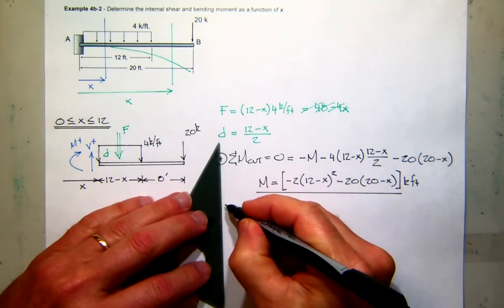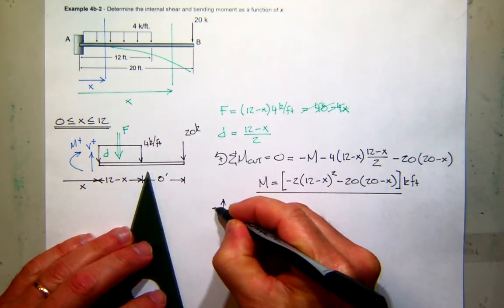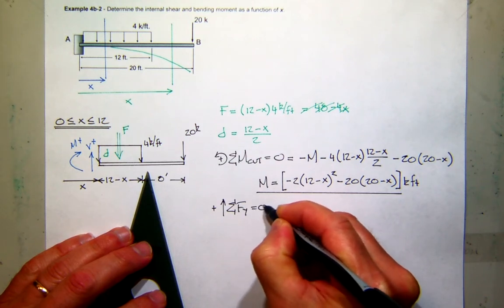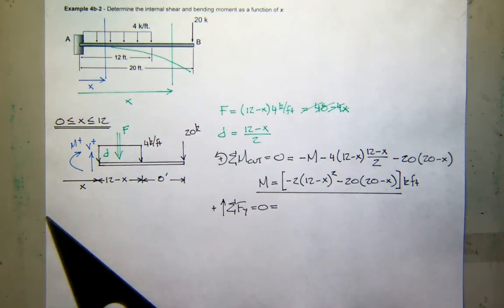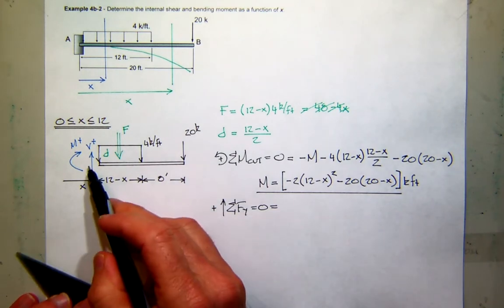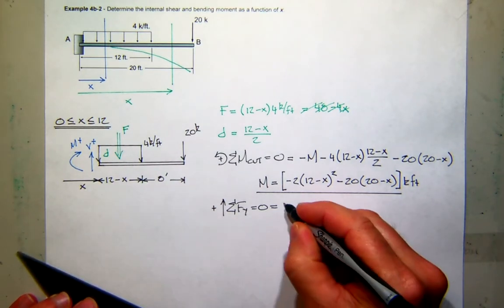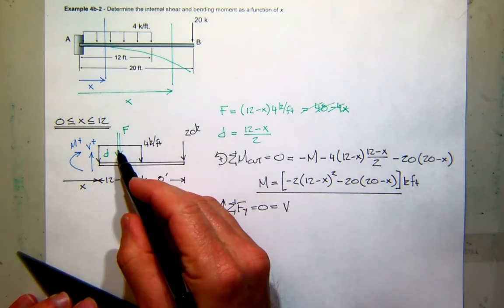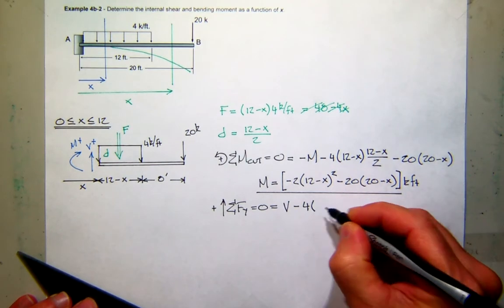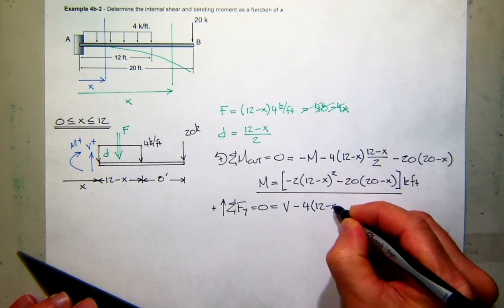Then I can sum forces in the y direction to get the shear. So look at the shear. Look at all the forces. I'm going to assume up is positive. What's the shear? It's positive. My F force is negative, so it'll be minus. And what is my F force? It's 4 times 12 minus x.